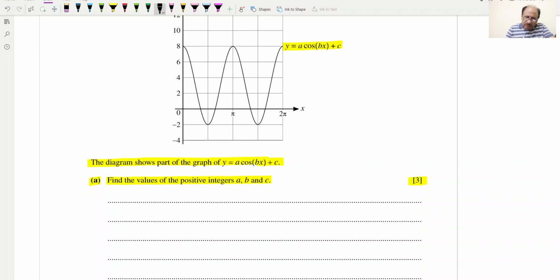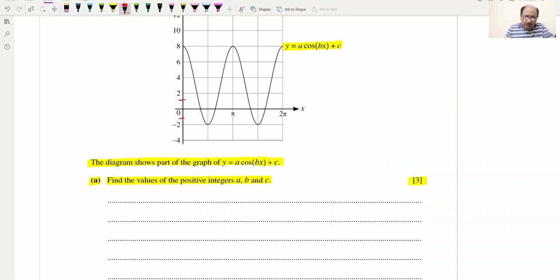So if we check this one, normally the cos graph is varying from 1 to -1. Values of the cos graph are varying from 1 to -1.